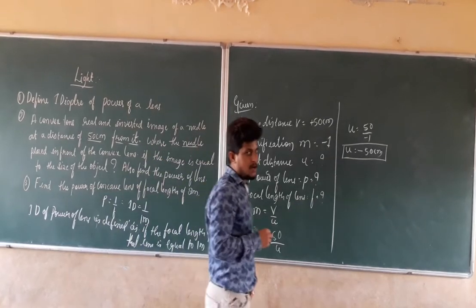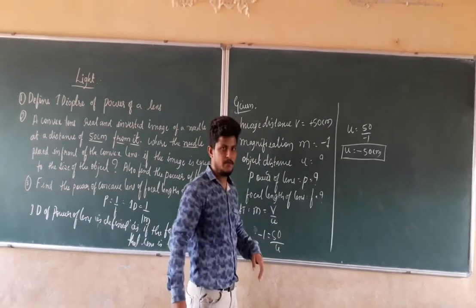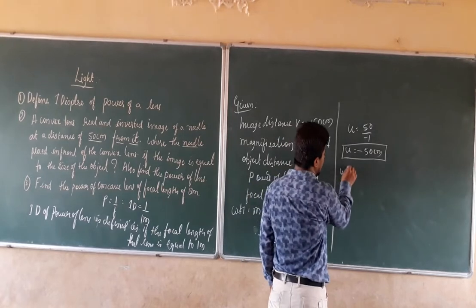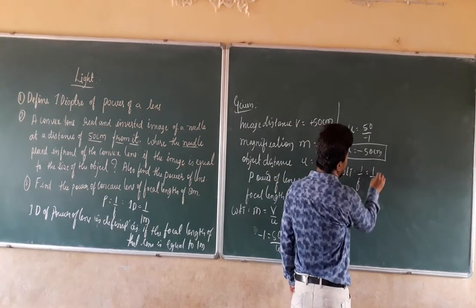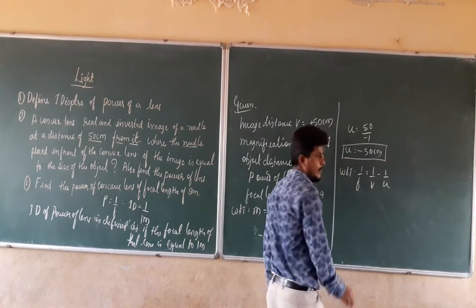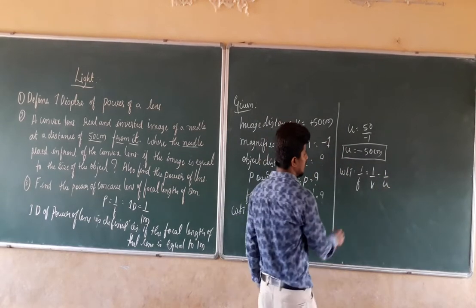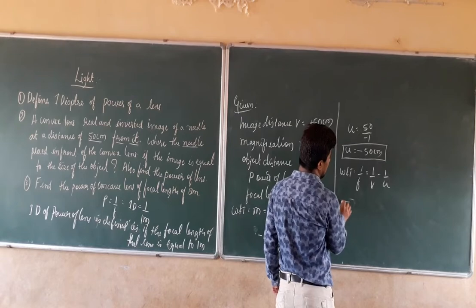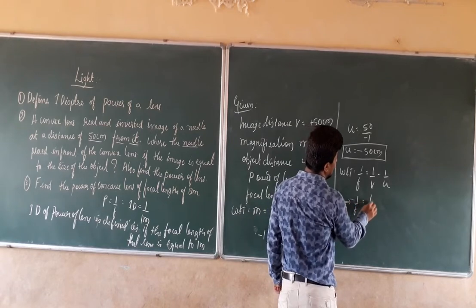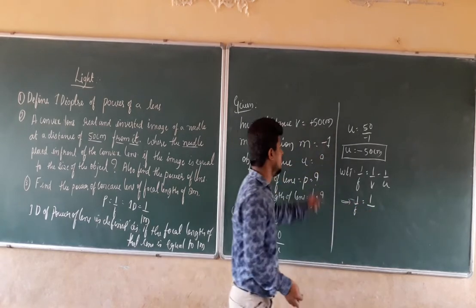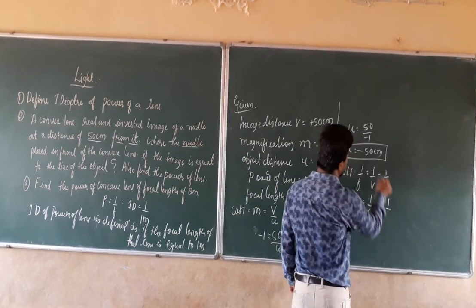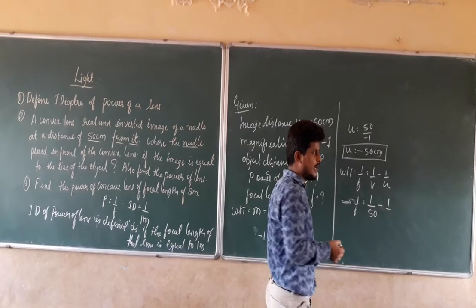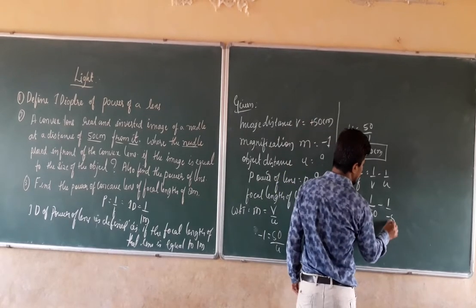In the same manner, now we have to find out the focal length. We know that 1 by f equal to 1 by v minus 1 by u. The value of v is given as 50, minus the value of u, which we found as minus 50.